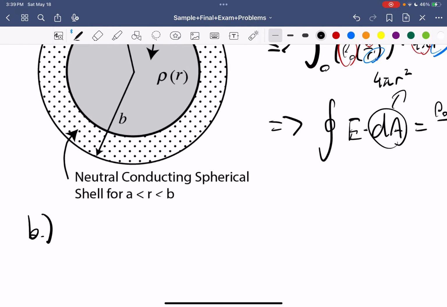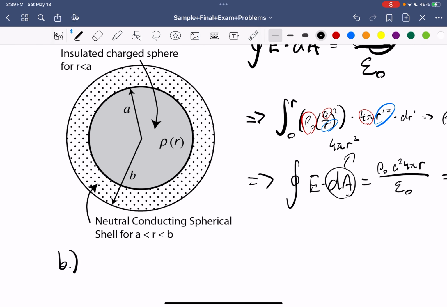So the first thing we have to know is that the region here, all the way in here, between the radius of a and b is a neutral conducting spherical shell. A neutral conducting spherical shell basically means that there is no charge within the space confined, because a neutral conducting spherical shell is an object with no internal charge that allows electrons to move freely.